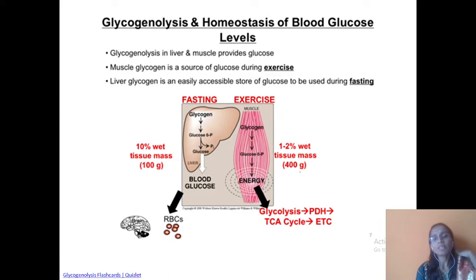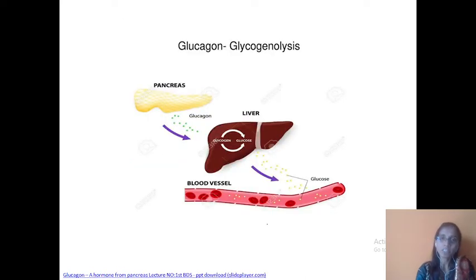Whenever there is a fasting condition, the glycogen is broken down into small glucose units and the demand is fulfilled. But whenever there is a demand for energy by the muscles, the glycogen is broken down into glucose at the muscle level, and that glucose enters glycolysis and then the Krebs cycle, so that it fulfills the demand of energy during exercise.